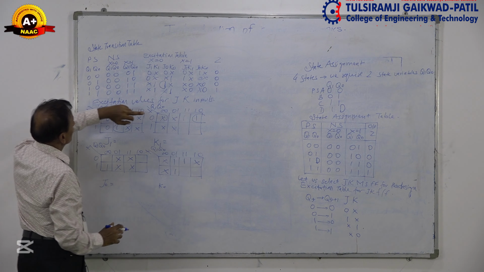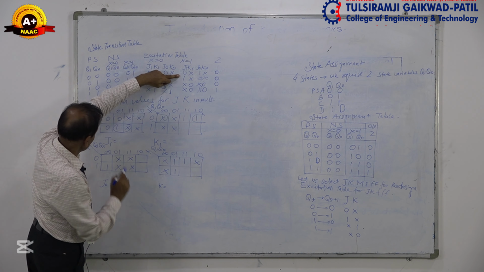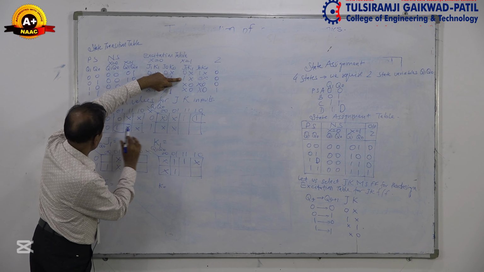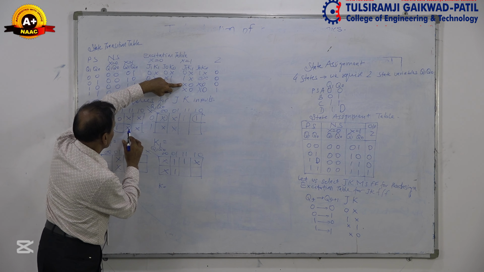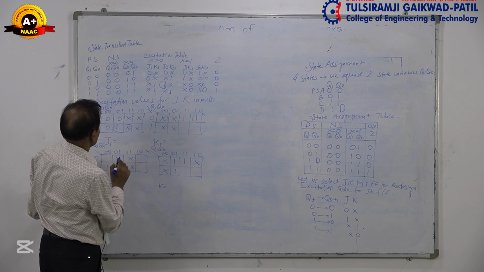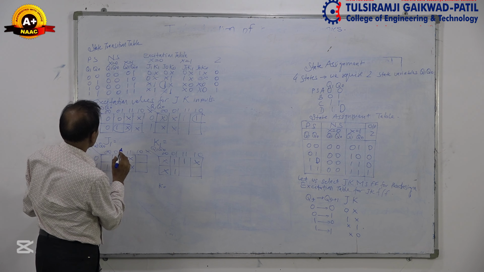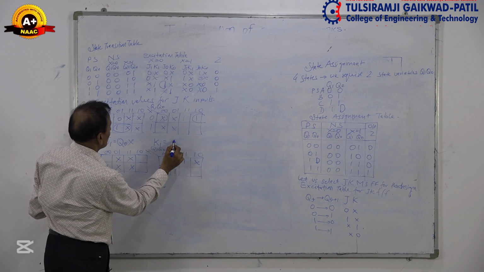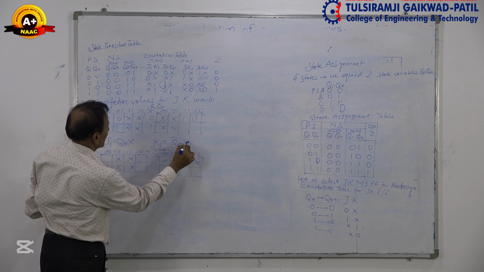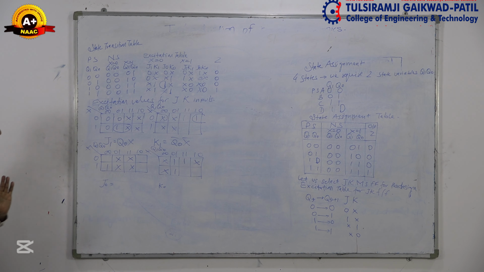And for x equal to 1, 0, don't care, 1, don't care, 0, and again don't care, 0. The equations are the same. It is coming as q0 x, and this is coming as q0 bar x bar. There is no change in the equation.